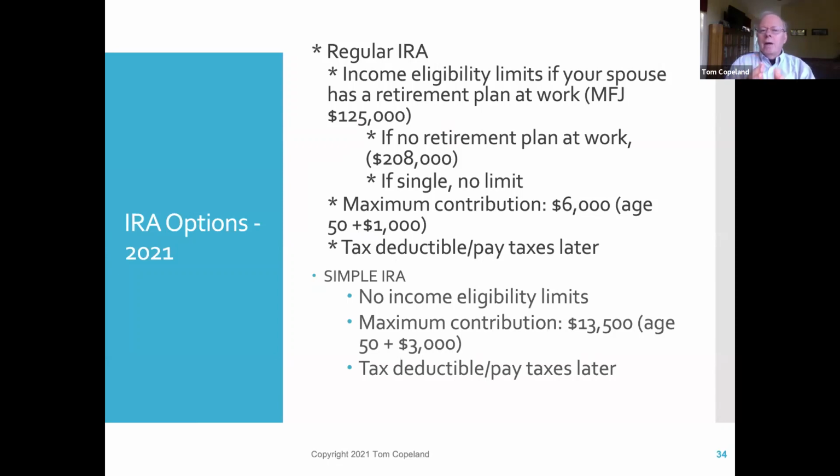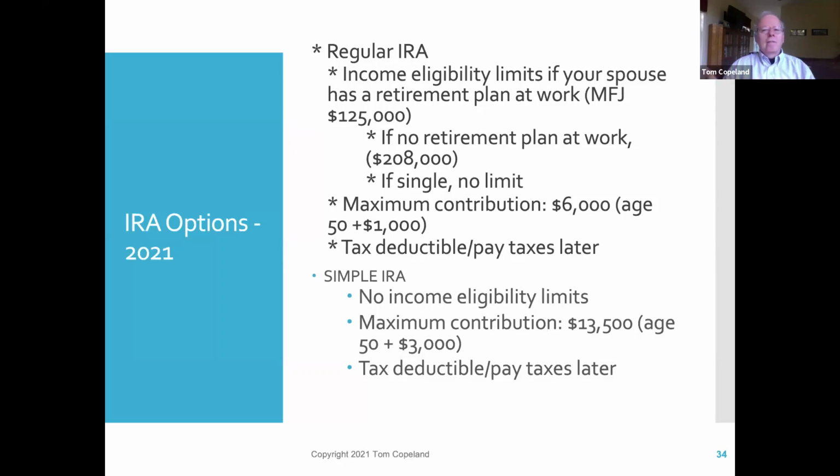If you're married and your spouse has a retirement plan at work, then you're eligible for this if your adjusted gross income is less than $125,000. That means your profit plus your spouse's gross income. If it's less than that amount, you're eligible for a regular IRA.